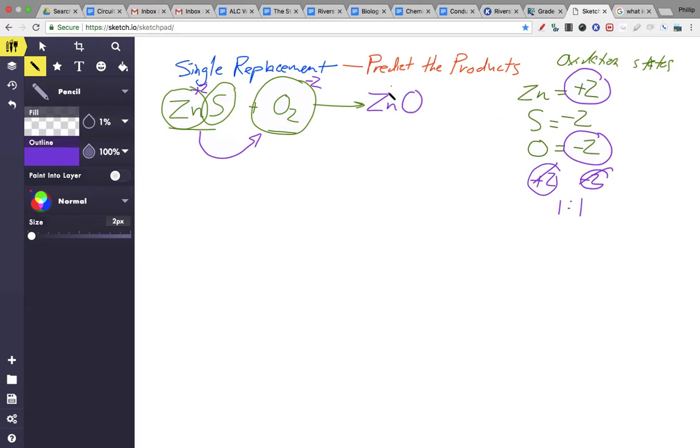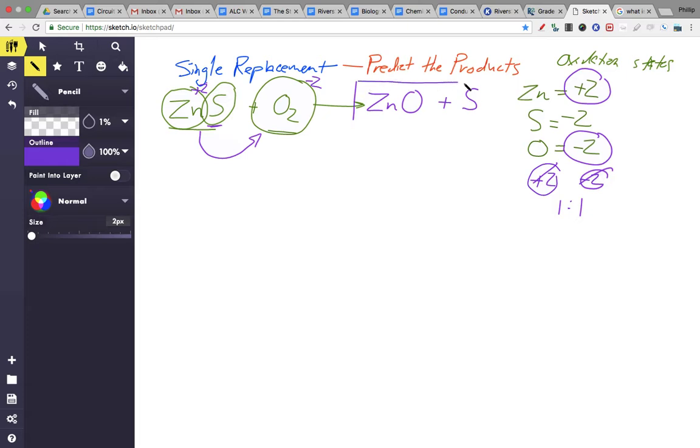So zinc and oxygen combine in a 1:1 ratio. They don't have any subscripts. So zinc oxide will be one compound, and then whatever's left over: sulfur gets kicked off and becomes a single element by itself.